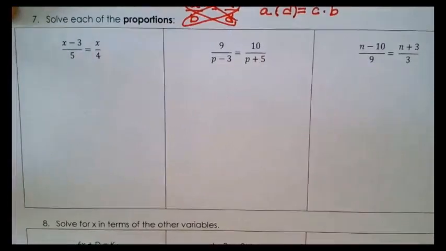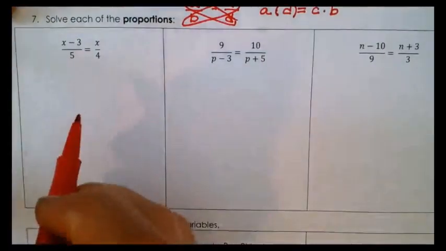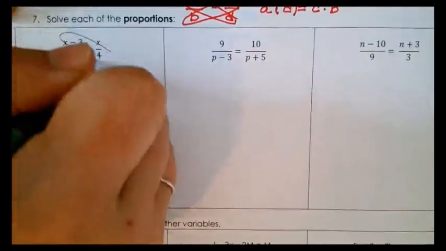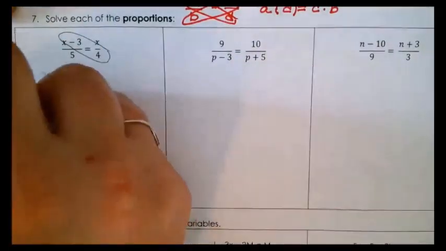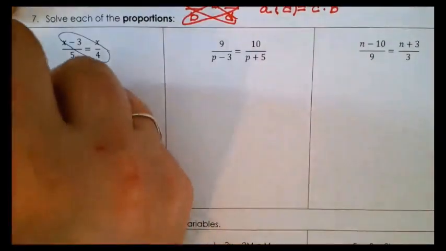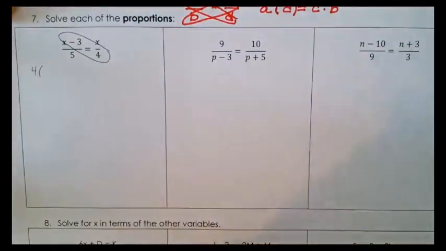So, starting with the first one, I'm going to multiply x minus 3 times the diagonal 4. So now, 4, I'm going to put in the front because it's just a single number. And then I'm going to keep the x minus 3 in parentheses.